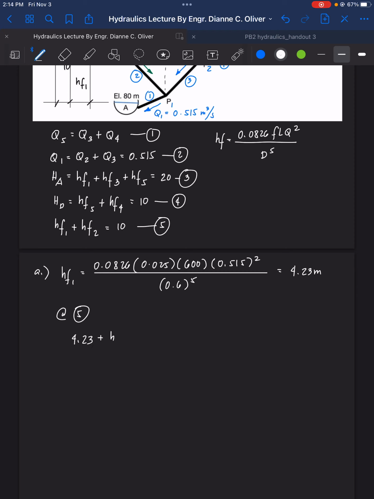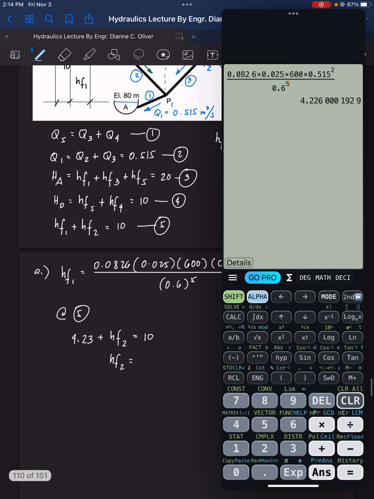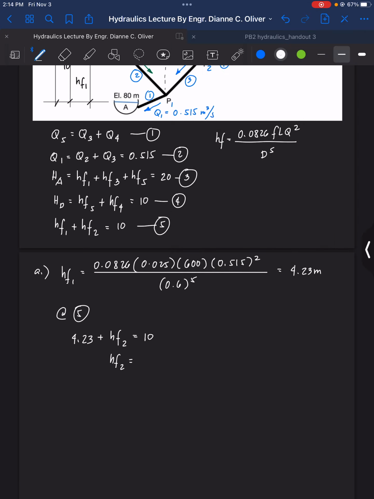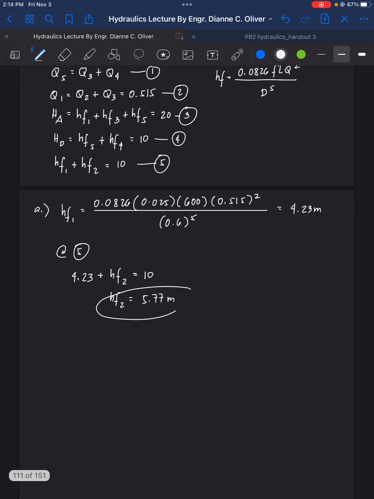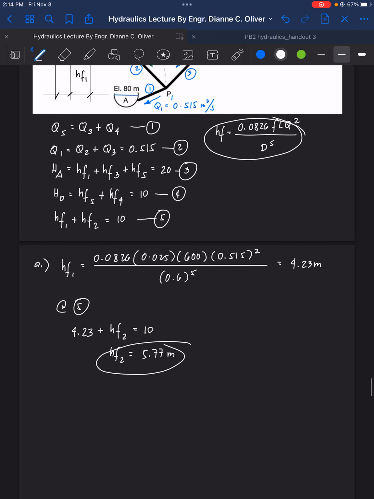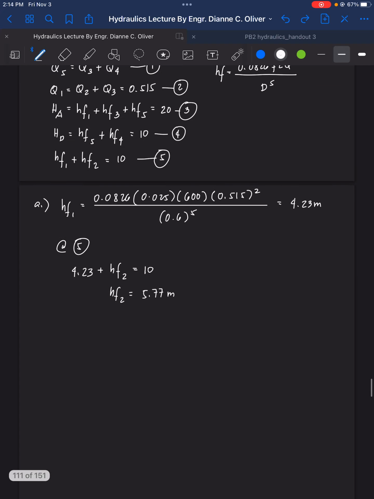4.23 plus HF2 equals 10. So HF2 is equal to 10 minus 4.23, 5.77 meters. Using this value of HF2, we can now solve for Q using this formula. So 5.77 equals 0.0826.